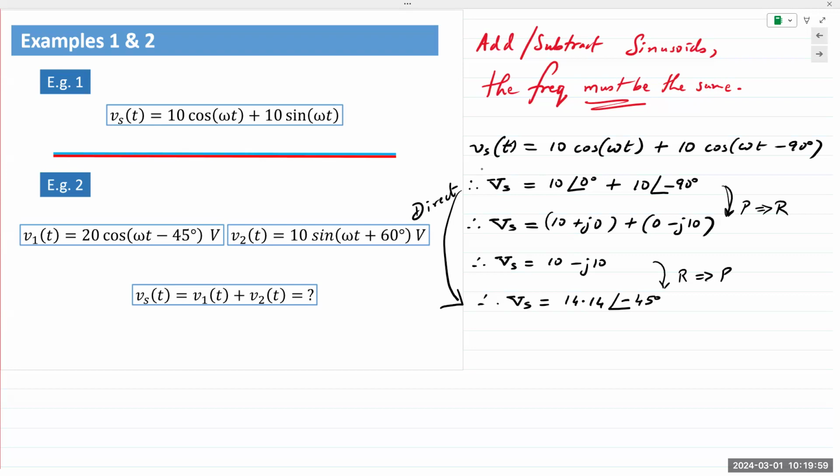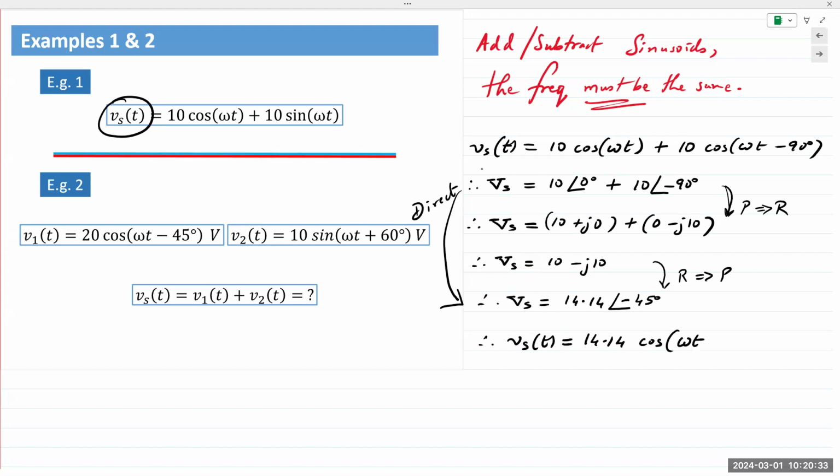One final thing here is that the answer asked is as a function of time, the time domain, Vs of t. And so we have to perform an inverse phasor transform at the end, which, the words sound scary, but it's not. You simply take the magnitude of the vector, 14.14, that gives you the peak value of that waveform, Vm, and the inverse phasor transform is in cosine, so it's cos of omega t.